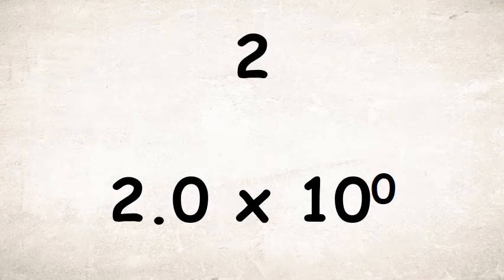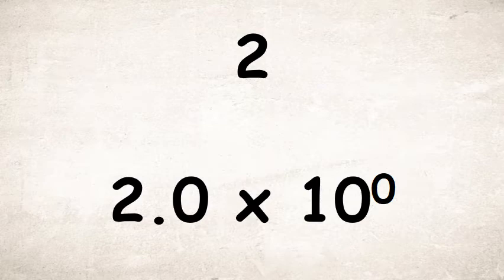Here we have a tricky one. When we have a whole number which is a single digit, and we are asked to write this in standard form. Okay, so number 2, we write it 2.0 times 10 to the power of 0, because in this case we didn't shift the decimal point in any direction, left or right.